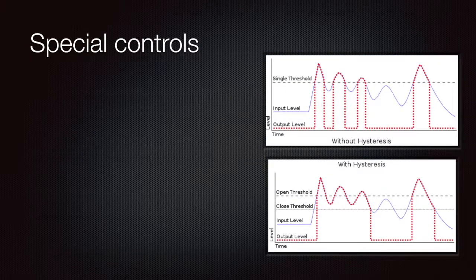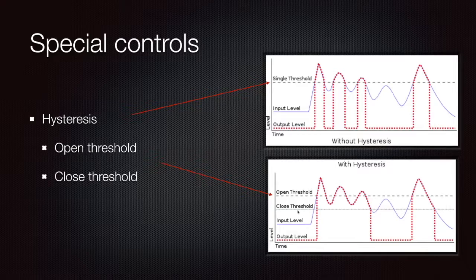There are some special controls for some gates. For example, one is the hysteresis. In general, we can say that gates have a single threshold, but if my signal changes a lot, like we can see here, then my gate would open and close too fast, and that can sound unpleasant. So some gates have this hysteresis control, which basically means that there's one threshold for opening the gate and one threshold to close the gate.